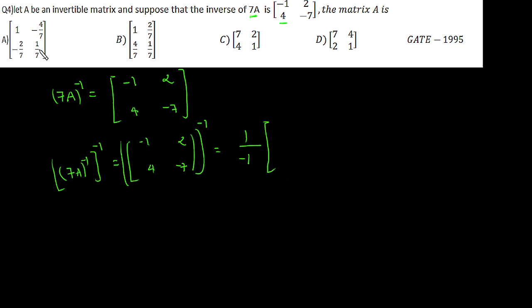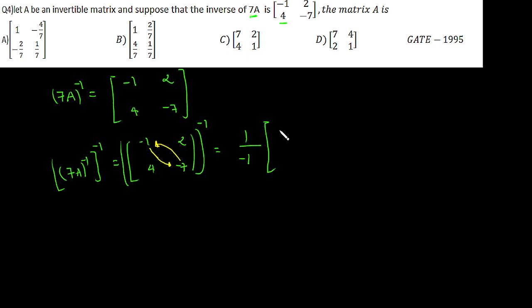Now we have to find the adjoint of this 2 cross 2 matrix. Remember the shortcut: in the case of 2 cross 2, we just flip the diagonal elements 1 and minus 7. This minus 7 goes there, and this 1 goes there, and we have to alter the sign of the second diagonal.